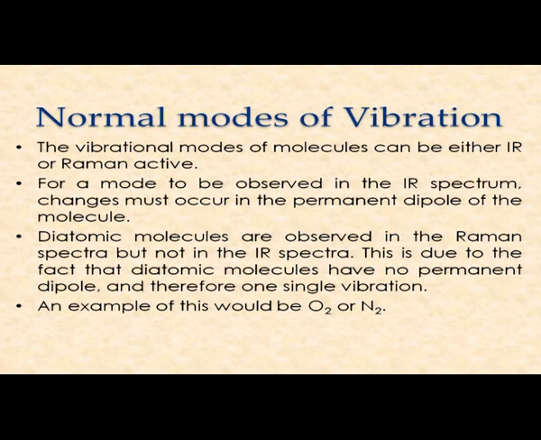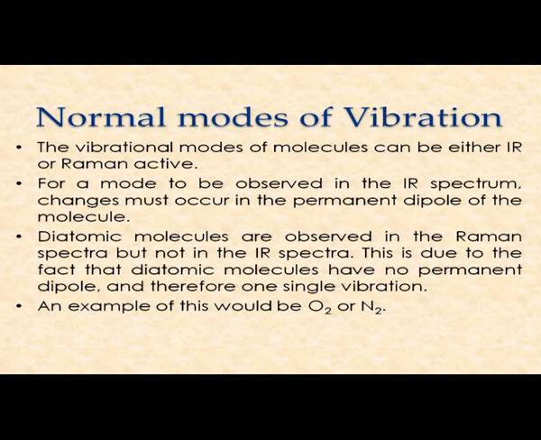This infrared active and Raman active property of a molecule can be calculated from the vibrational spectroscopy calculation. For a vibrational mode to be observed in the infrared spectrum, changes must occur in the permanent dipole of the molecule. So, dipole molecules will exhibit this infrared spectrum. Diatomic molecules like these are observed in Raman spectra, but not in the infrared spectra.